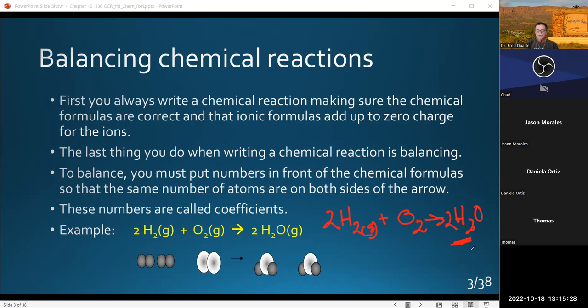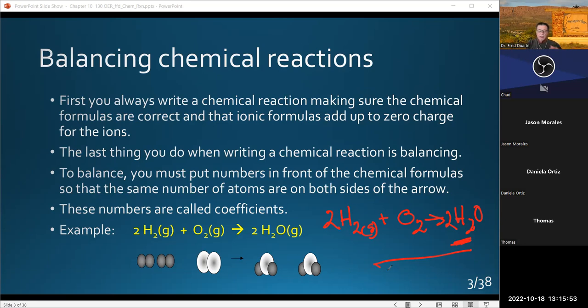The point of this little exercise is that when you're balancing, sometimes you put a number in the product side, and then that increases one element's number, so you go back to the reactant side. And sometimes you may need to go back to the product side. So you go back and forth as needed, such that everybody is balanced.